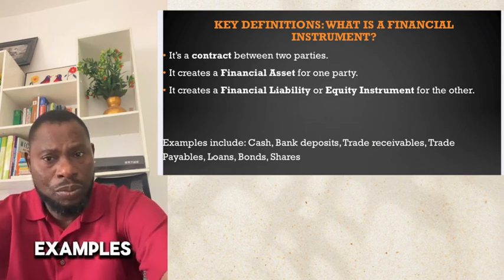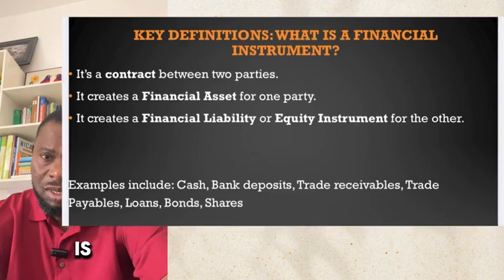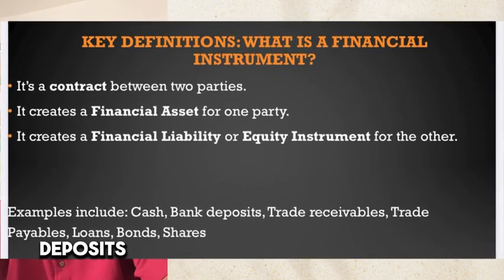Now, what are the examples of financial instruments? First one, cash. Cash is a financial instrument. Bank deposit, financial instrument. Trade receivables, trade payables, loans, bonds, shares. These are all examples of financial instruments. So as we said, a financial instrument is a contract.